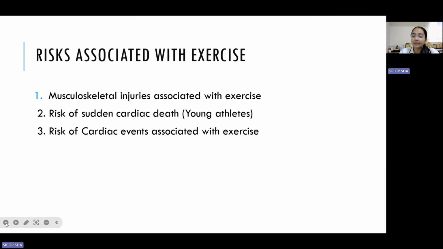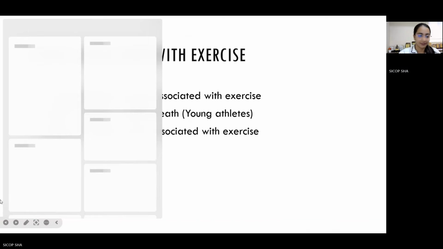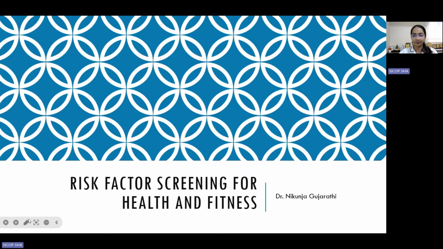So, what are the risk factors which are associated with exercise? The risk factors which are most commonly attributed to exercise are either musculoskeletal injuries, which we very commonly find across in the form of ACL tears and multiple fractures or yeah, shit. Restart, restart. Restart. Good afternoon, everyone. Restart.